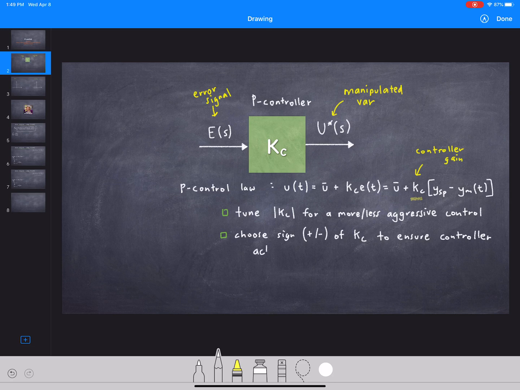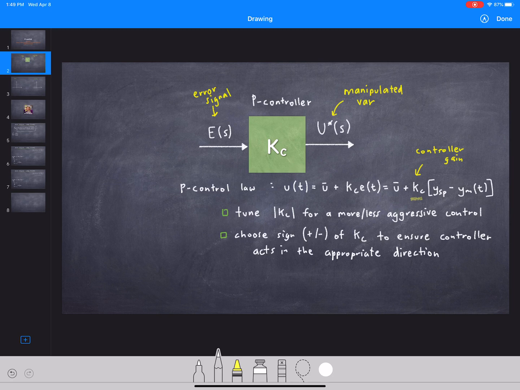And we'll have a handout on this to expand more. But we want to make sure, okay, if the error is negative, how should we change the manipulated variable to adjust y? And that depends on the process, in the appropriate direction. Okay, so that's a P controller.